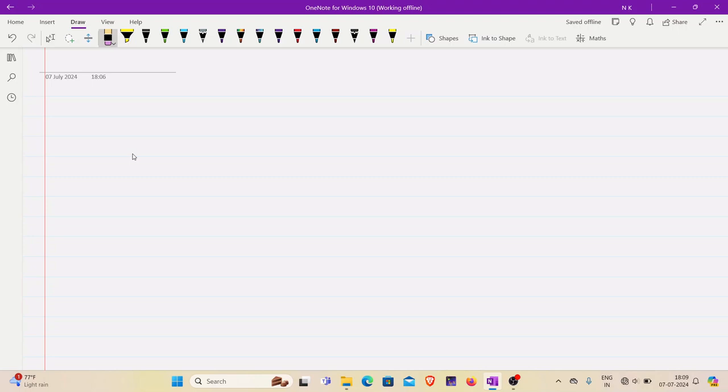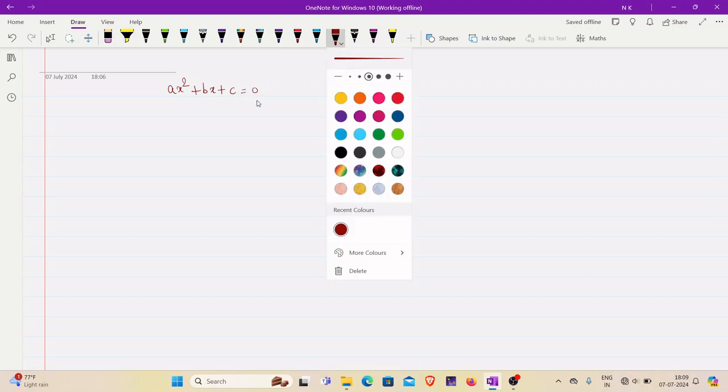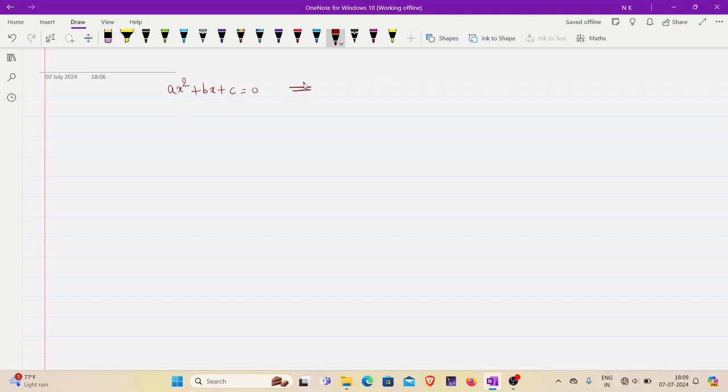Now, let us look at an instance. For that, I will consider a quadratic polynomial. Suppose the polynomial is ax square plus bx plus c equal to 0. We know that the roots of this polynomial can be simply given as x equal to minus b plus or minus square root of b square minus 4ac, divided by 2a.